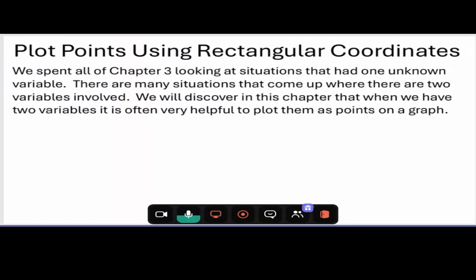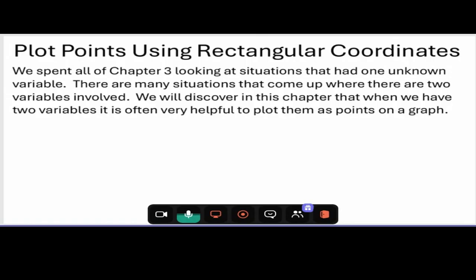Okay, so all of Chapter 3, when we were solving equations, we always had just one variable in any equation. It might have appeared more than once, but it was the same variable, right? There might have been more than one x, but there was only x's. What we are going to start to look at now is what we do when we have 2 variables.